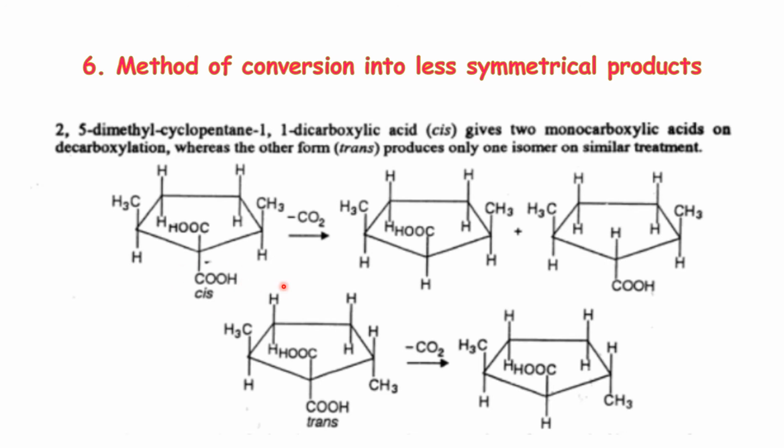In this compound, which is a 2,5-dimethyl cyclopentane 1 dicarboxylic acid, cis isomer gives rise to 2 monocarboxylic acids, whereas trans isomer, upon decarboxylation, it forms only one product. There are several such kinds of reactions wherein to the same reaction cis and trans isomer behaves differently. So we take advantage of this fact to convert a complex molecule into a much more simple molecule whose structure can be easily determined.